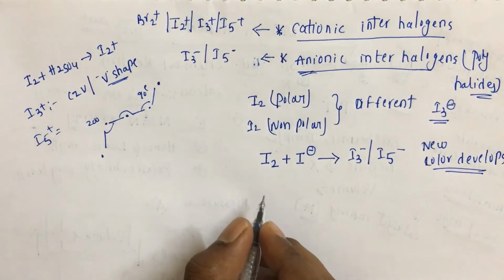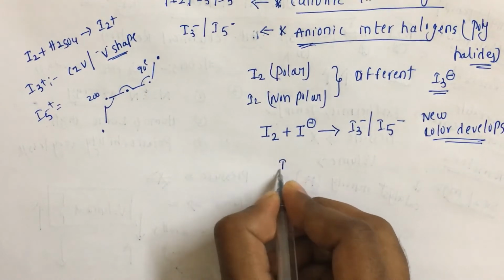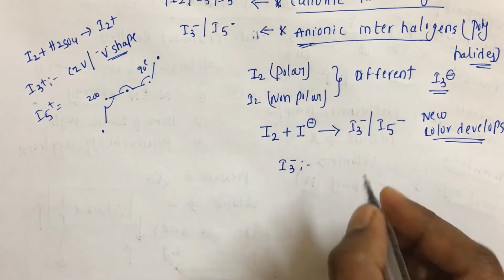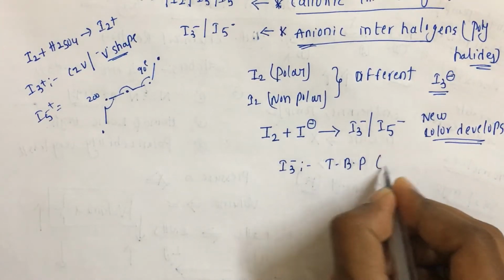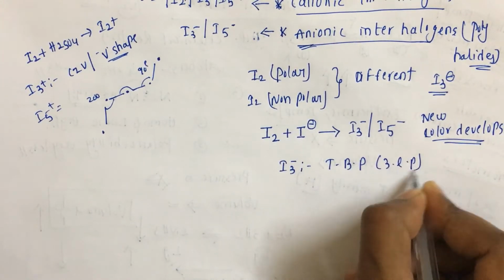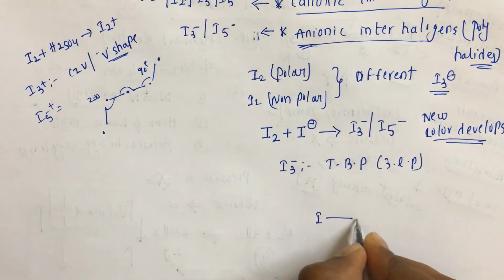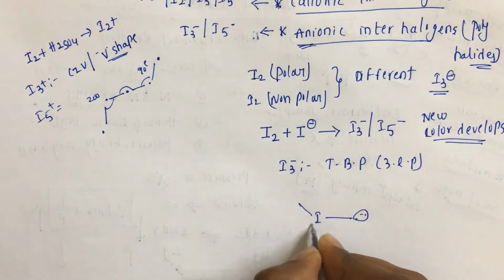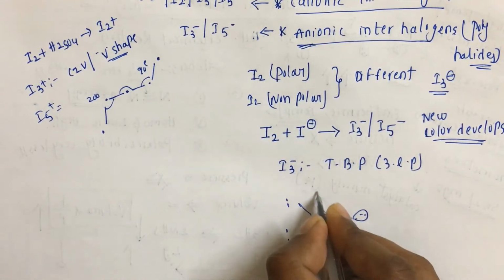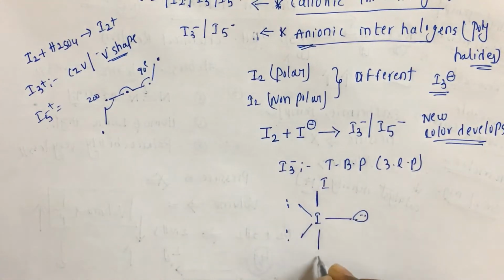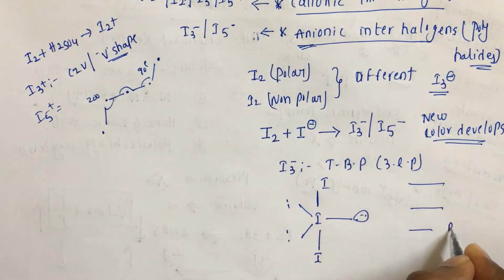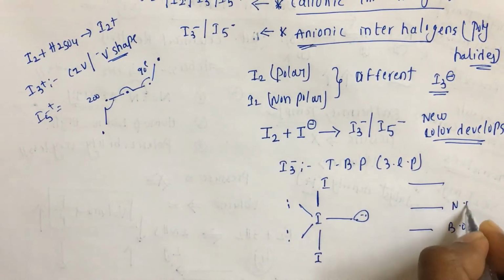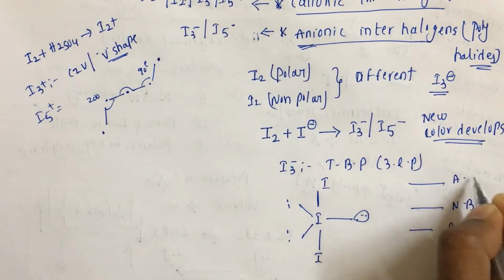Then we go for the I3- structure. This has a trigonal bipyramidal structure with 3 lone pairs. These 3 lone pairs will occupy the 3 equatorial positions, here, here, and here. And the MOT will be like this. This is the bonding orbitals, this is the non-bonding orbitals, and this is the anti-bonding orbitals.